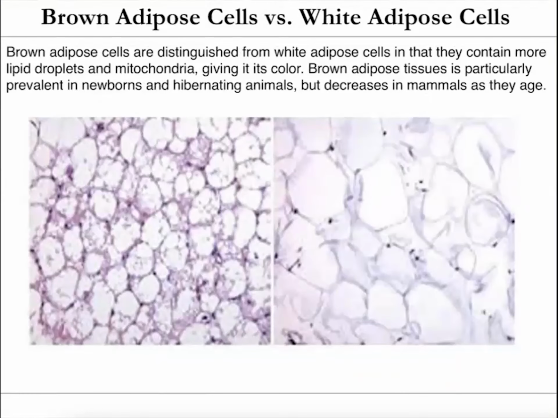Some of the cells in your body actually have more mitochondria than other cells, including something called brown adipose cells that are in brown adipose tissue. So that would be right here. This is a brown adipose cell, and this is a white adipose cell.